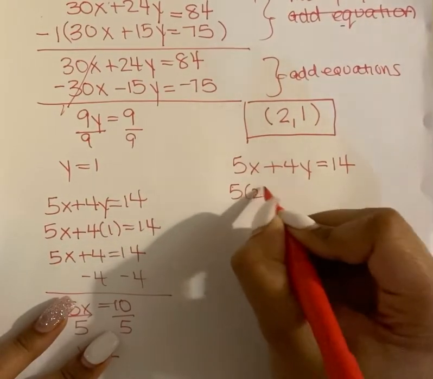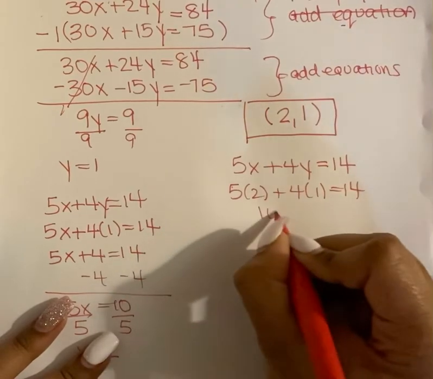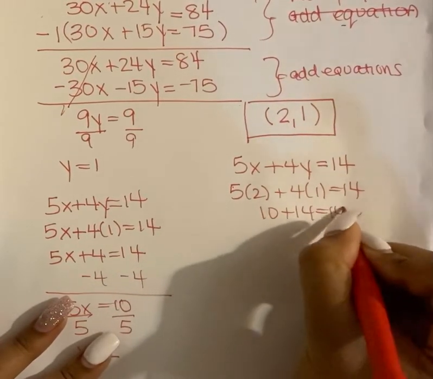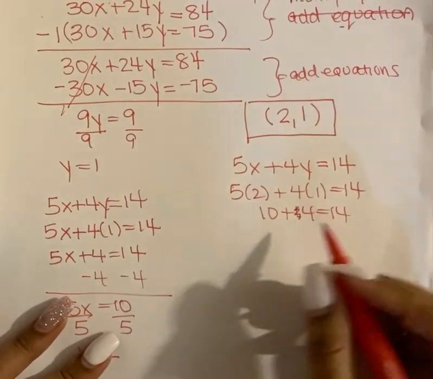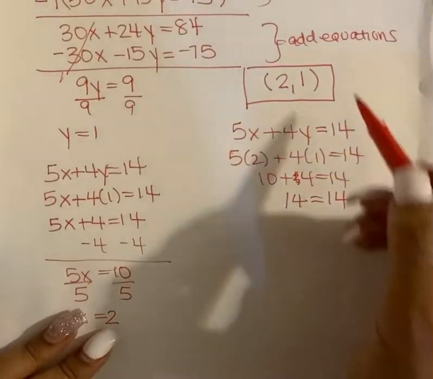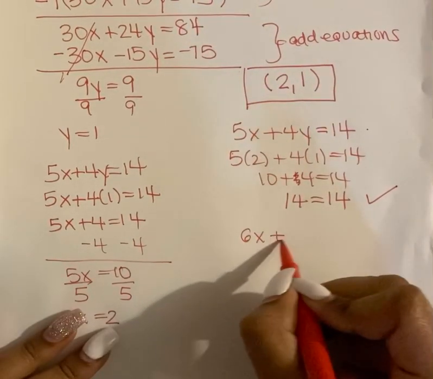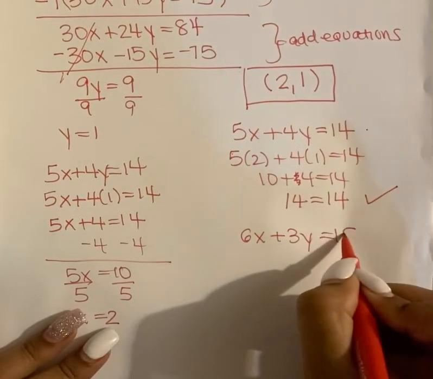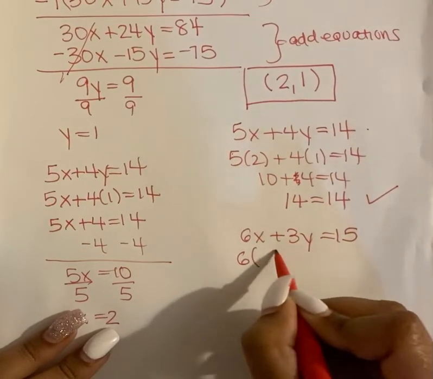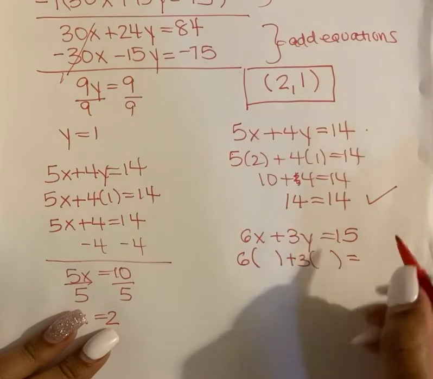So 5 times 2, 4 times 1, does it equal 14? So I have 10 plus 4 is 14, so 14 equals 14. Okay, so it worked for my first equation. Now we need to also make sure that it works for your second equation. So remember, if it's a solution to the system, then when you substitute it in, it should work for both equations.